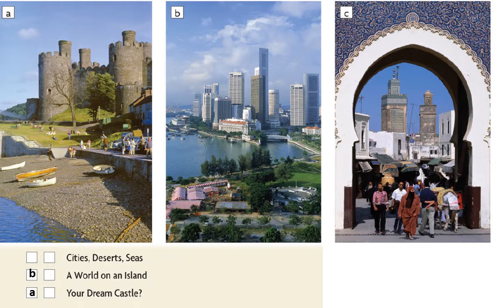B is a world on an island because there is a sea around the city, and we all know that an island is an area surrounded by water. So the third photo is cities, deserts, and seas. There are no deserts here, no seas, but we can see it is a city.